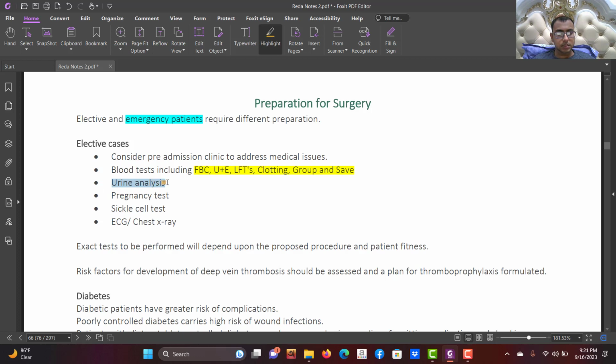Urine analysis, and a pregnancy test if the patient is female and doesn't know about it, because some medications or anesthetic medications that we use are harmful or teratogenic to the fetus. And ECG and chest X-ray are necessary for anesthetic purposes as well as for cardiac status.